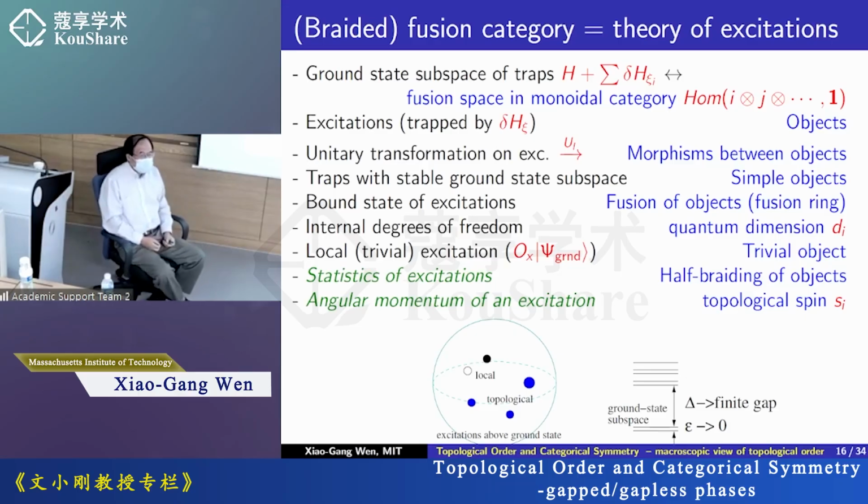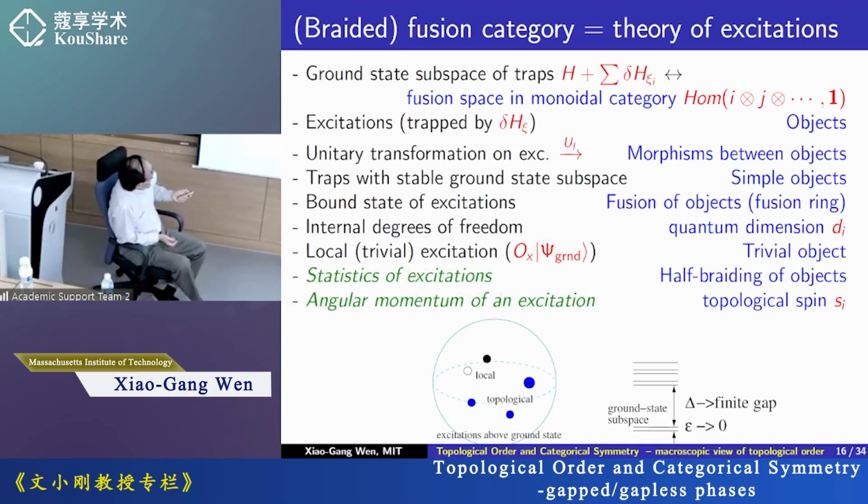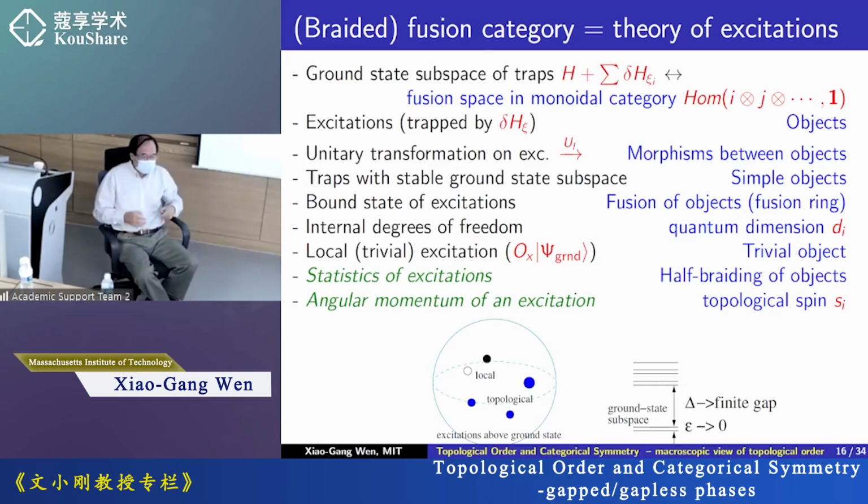It's like a local operator acting on the topological excitation. And if this is a trap, if the ground subspace is stable against perturbation, this is called a simple object. And the bound state of excitations is a fusion, things like that. So the notions in category theory can be reproduced by this physical setting. Yeah, that's the message.